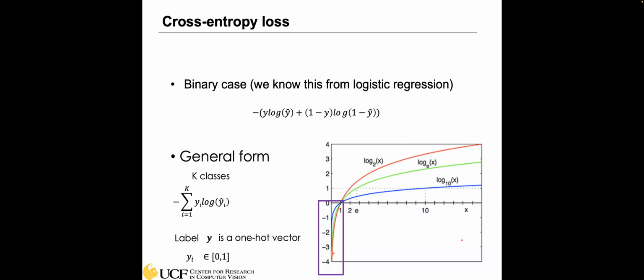Log 0.1, you can use a calculator if you want the exact number, but it's some pretty large number, maybe -3 or something. Because there's a minus sign there, you have a +3. So that's a large loss for you.